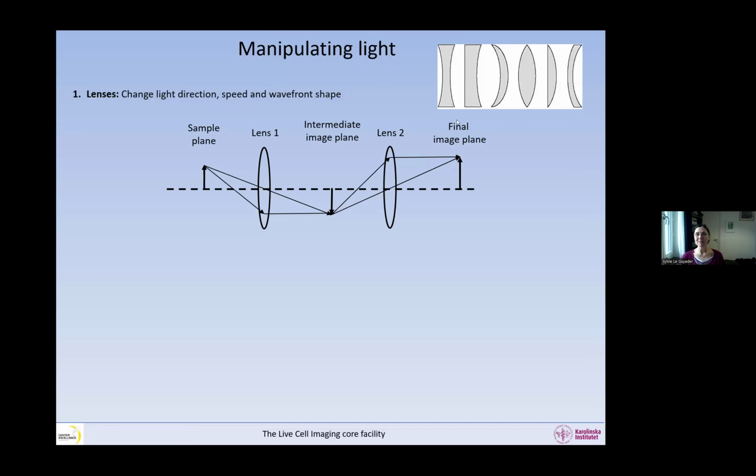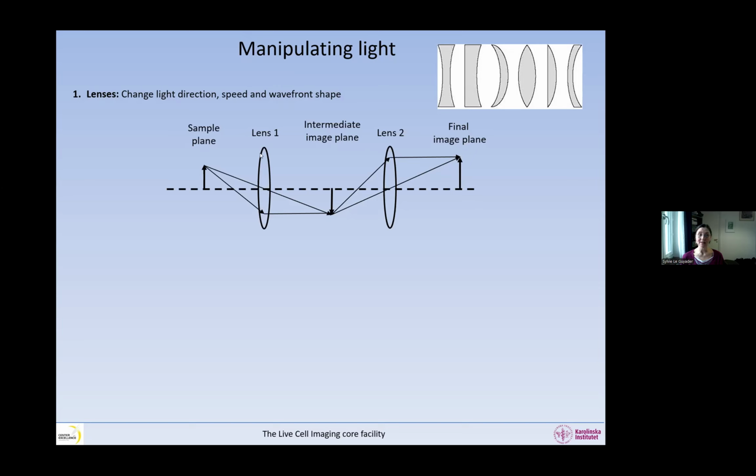And you probably remember from your school time that this is sometimes shown as a little candle. We say, this is our sample, and then we use a lens. With ray optics, we can show that we're going to get an inverted image. This is the intermediate image plane, and this one would be the sample plane. Then we put a second lens and get a final image, which we can record.